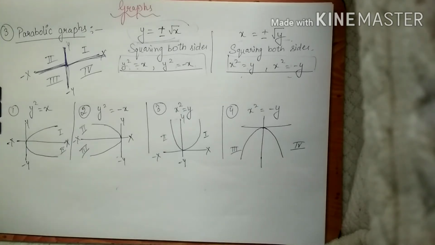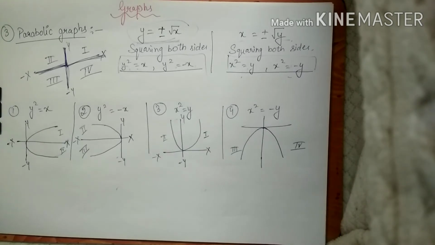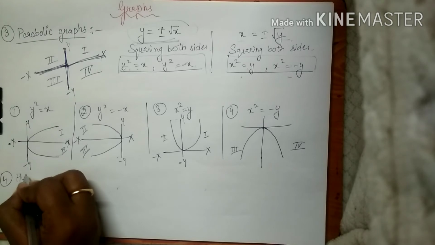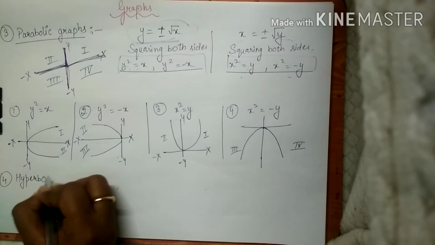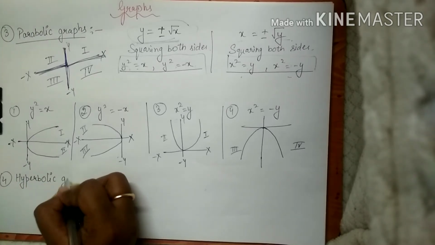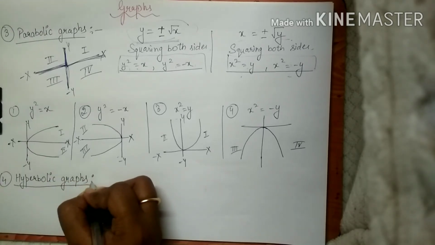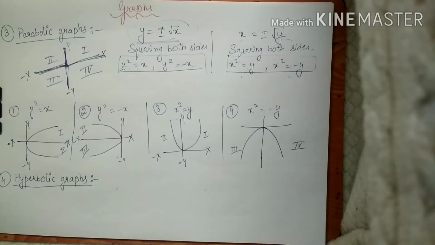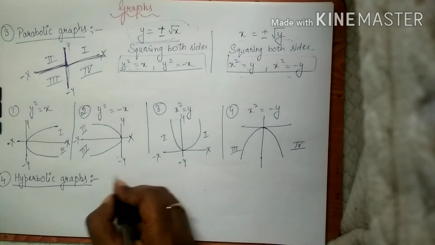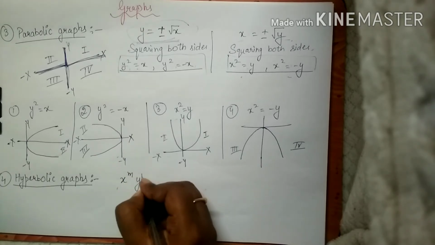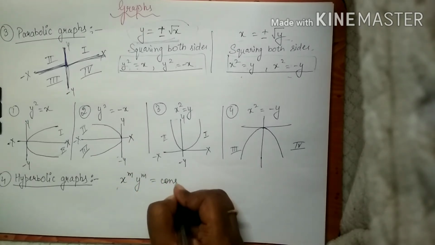So now we'll move on to the hyperbolic graphs. The equation for hyperbolic graph is x to the power m, y to the power m is equals to constant.